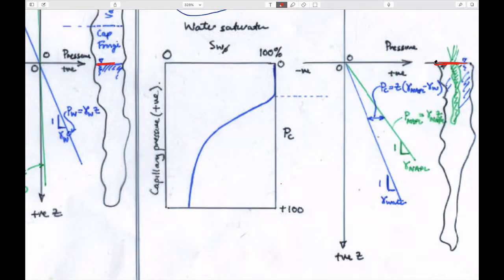So we have a water-saturated aquifer, which is saturated in this blue fluid, water. And we try and push this oil into it, which is this green little slither, which we've tried to push into it. If we were in a swimming pool full of water, we know that as you go down in the water, the pressure increases as 1 over the unit weight. Your ears feel it.